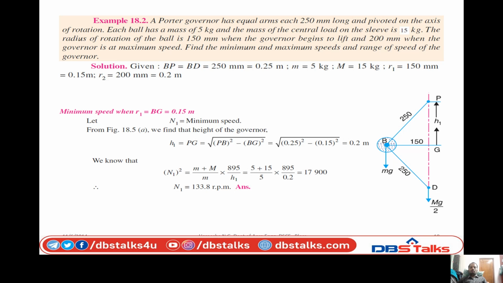Arms are equal means, see in the diagram, with respect to horizontal, the ones above the spindle are the arms and the ones below are the links. In most cases, as we just now solved in the equation, the links and the arms may not be the same.